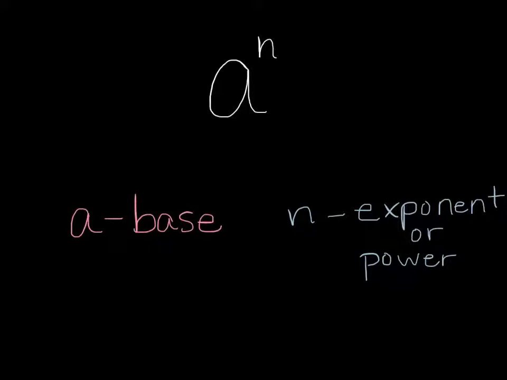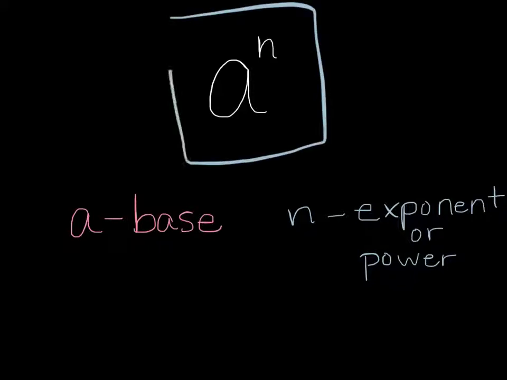Okay, when you have a number raised to a power, like we do here, the number being raised is called the base, and this is called the exponent, or the power. We would read that as a to the nth power, or a to the n.